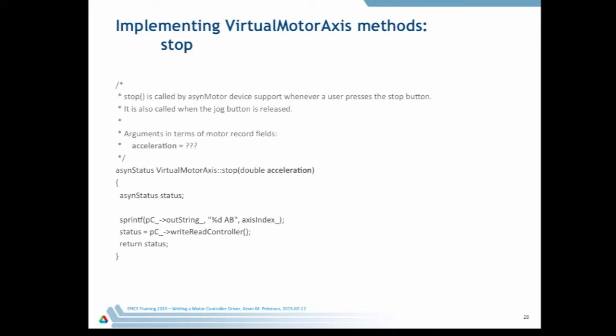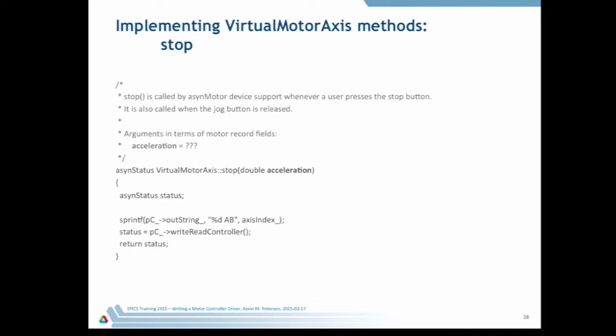When I documented this method, I wasn't sure where the acceleration actually came from. I have since looked at the code and found the motor record doesn't actually send an acceleration when you click stop. The device support doesn't send one either.